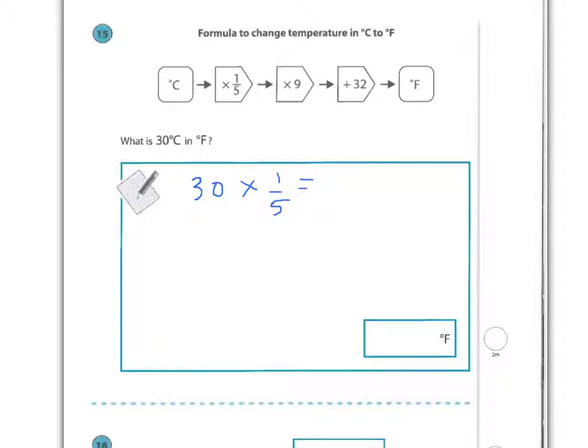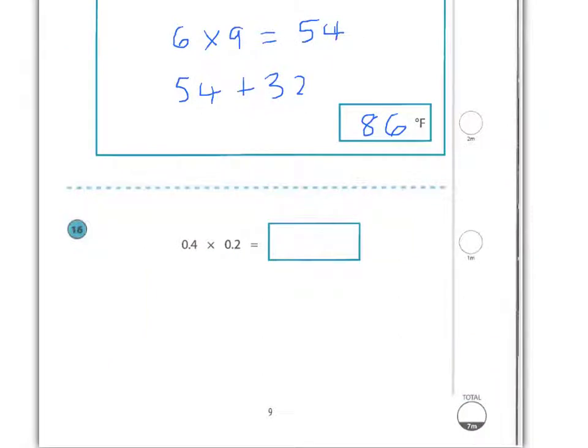We therefore divide by 5, so it's 6. Then we times that 6 by 9, which gives us 54. The final part of the machine tells us to add on 32, and that gives us a total of 86 degrees F.